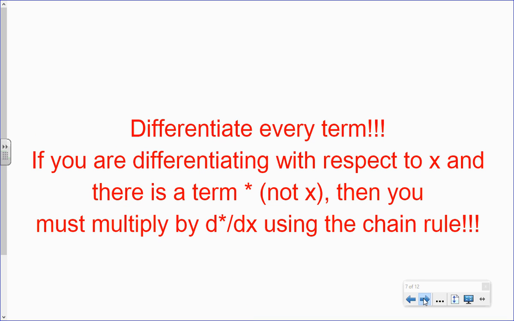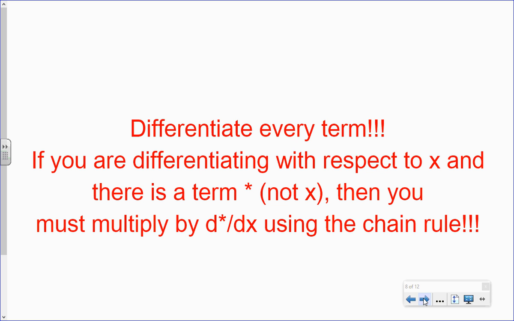So what I want you to keep in mind when we're doing this is that if you are differentiating with respect to x, and there is a term that is not an x, you have to use this method of the chain rule, right? You need to multiply that derivative by dy dx if it is a y.